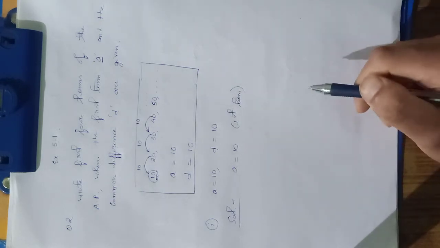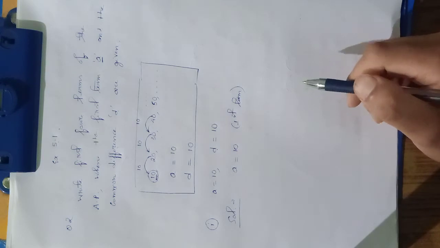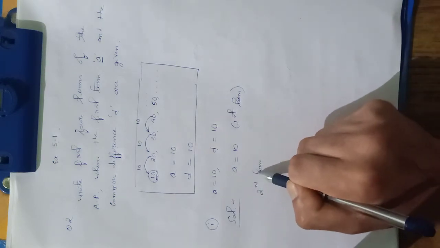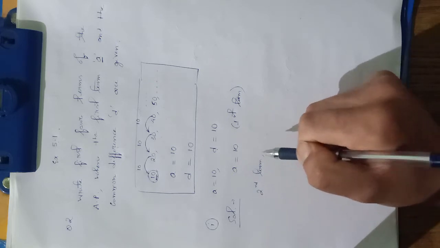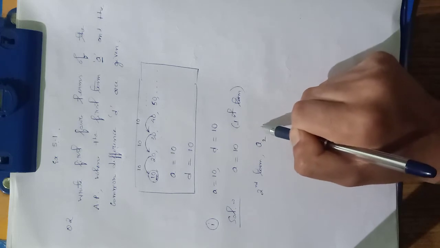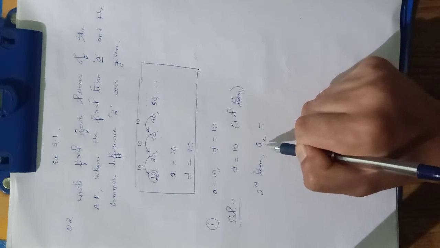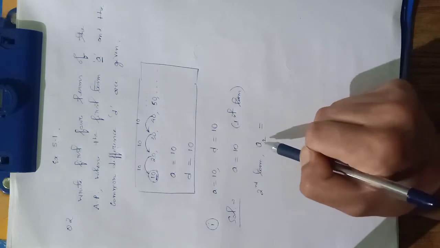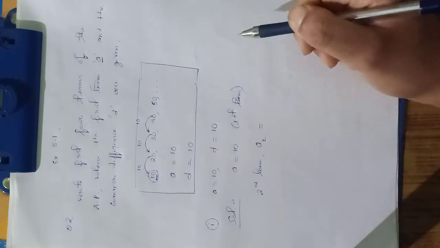Now we have to find the next following terms. The second term of your arithmetic progression, we can write it as A2. The second term can be found by adding the preceding term and the common difference.